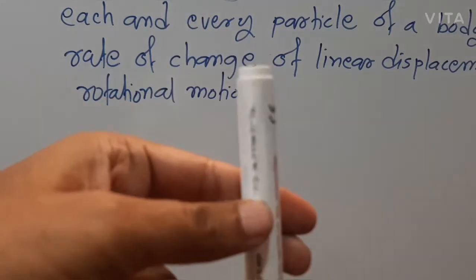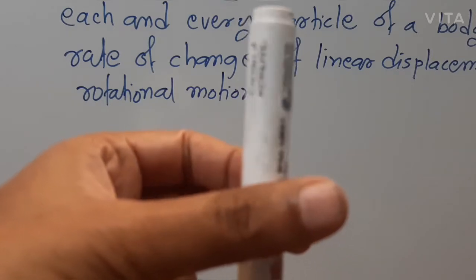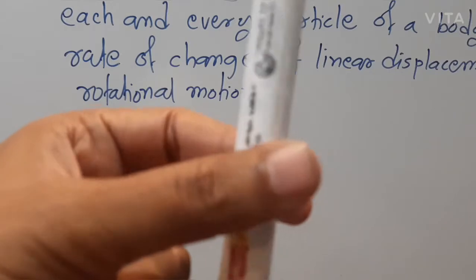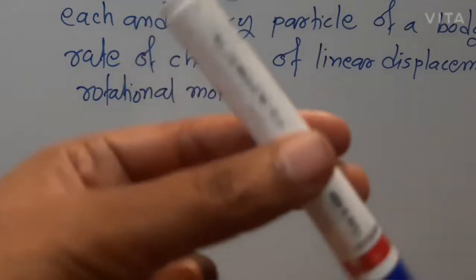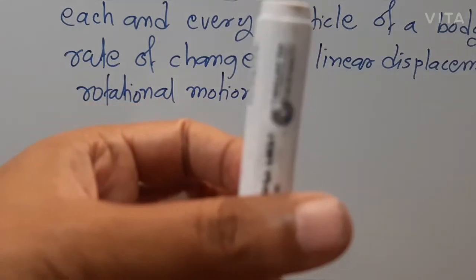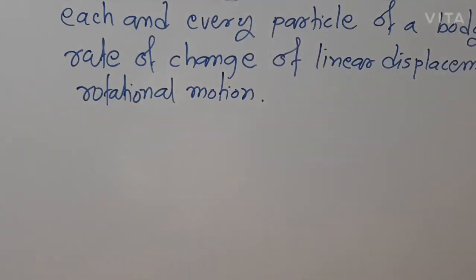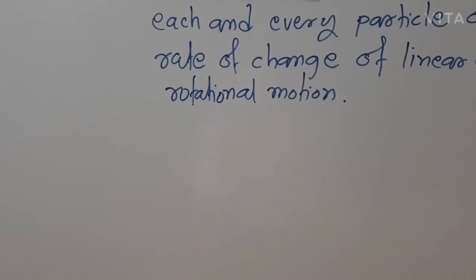The difference between these two definitions is that in the first case linear displacement is the same, and in the second case the angular displacement is the same. So only one word is replaced. Instead of linear displacement, we use angular displacement, and so the definition becomes slightly similar.